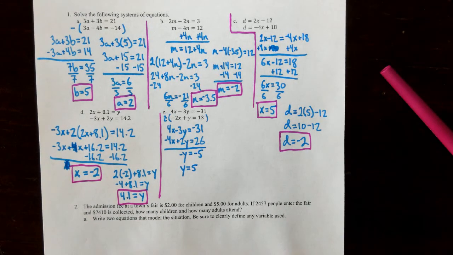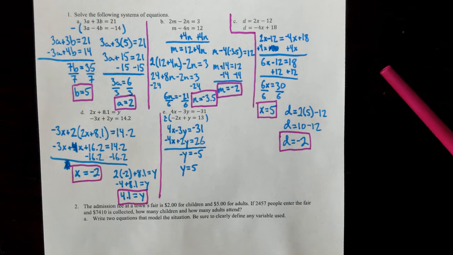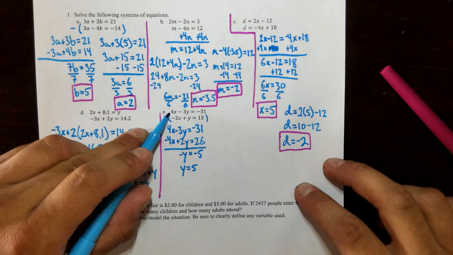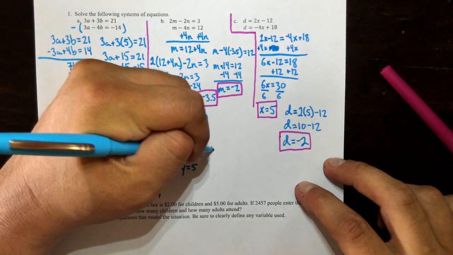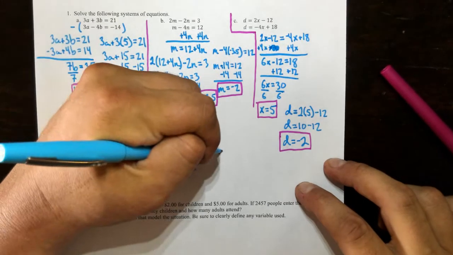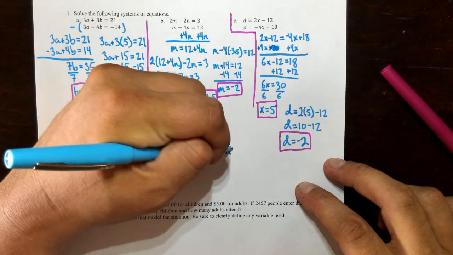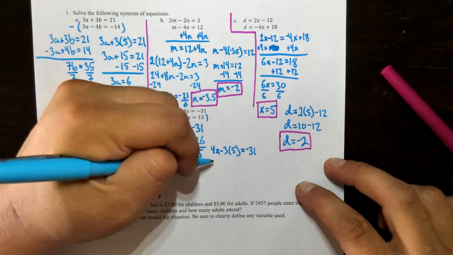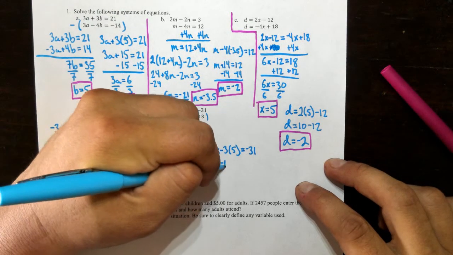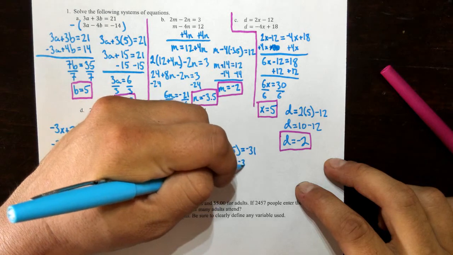Now, I'll just plug it into any of the equations and solve for x. I'll just plug it into the first one. So we have 4x minus 3y, 3 times 5, so y is 5 now, equals negative 31. So 4x minus 15 equals negative 31.